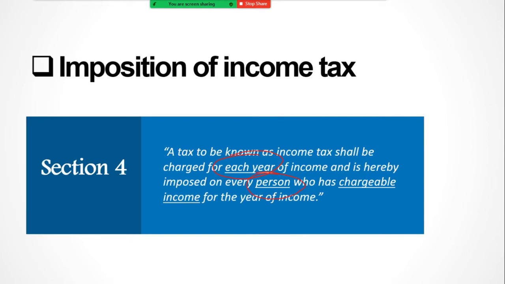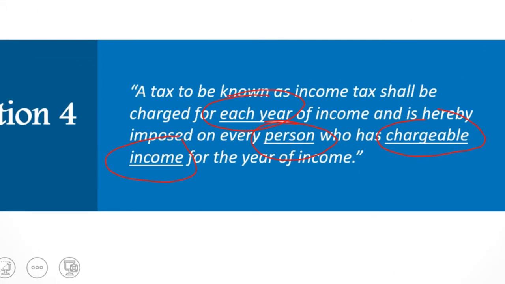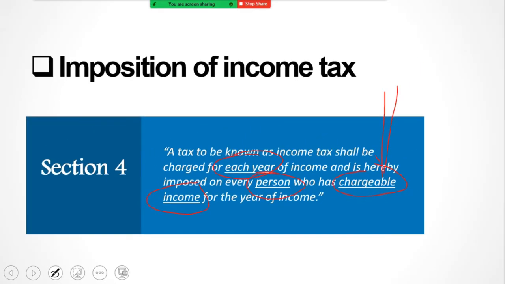It is bigger than what we actually know. So we are going to look at the different categories of persons we are talking about here. And what is very important is the word chargeable income. Chargeable income is the taxable income. In simple terms, we tax what we call the chargeable income.